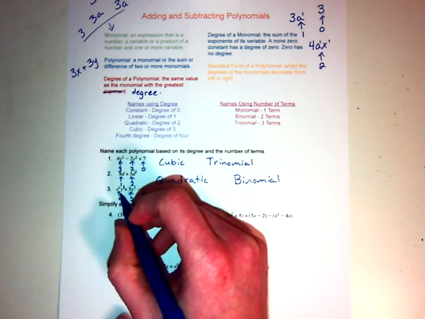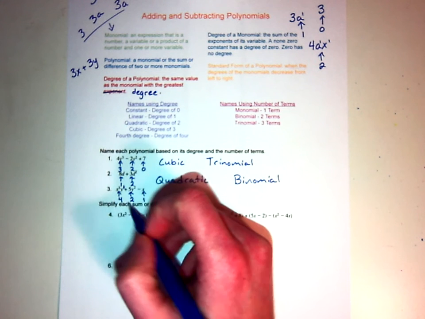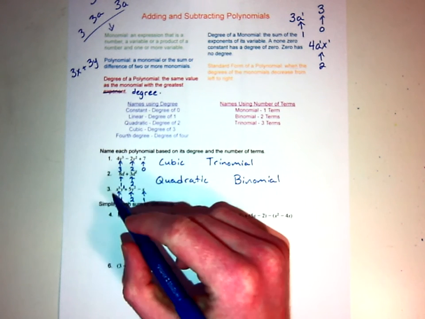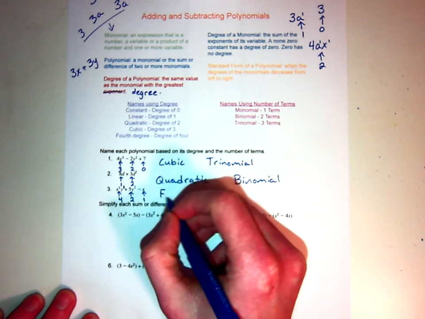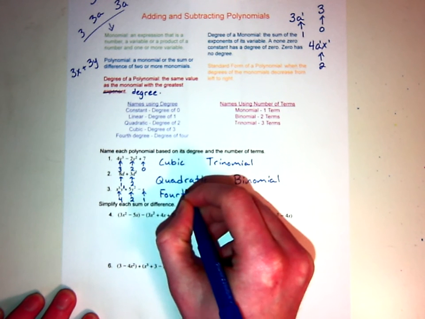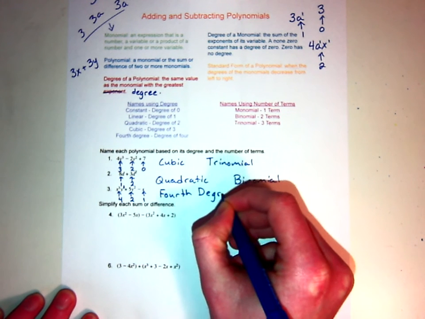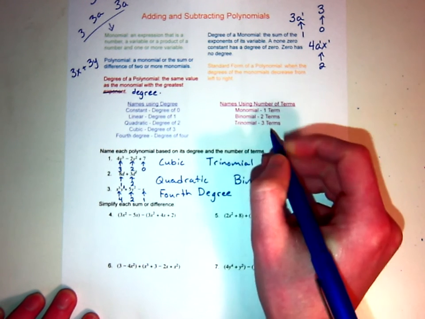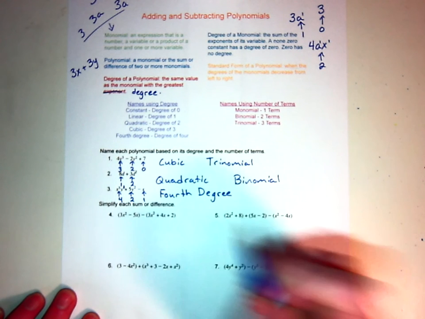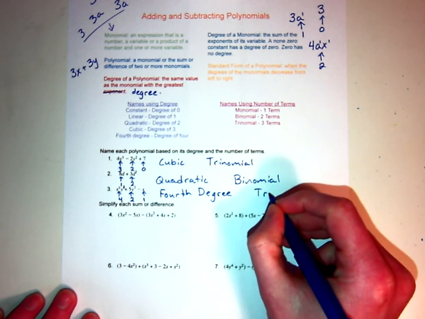So 3x to the third y plus 5y squared minus x is 4th degree. Based off of the number of terms, there are 1, 2, 3 terms, so it is a trinomial.